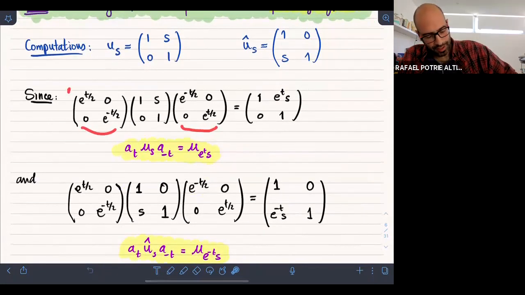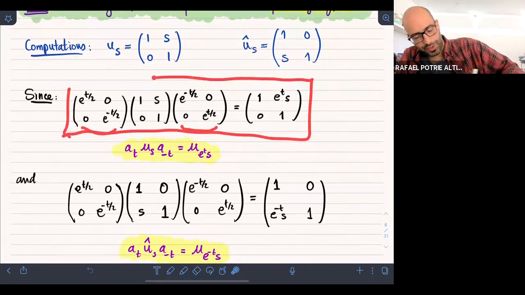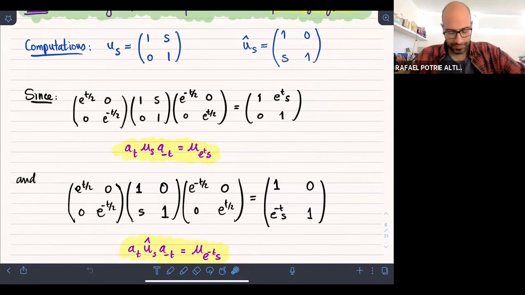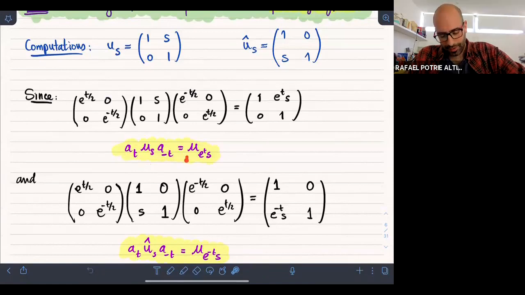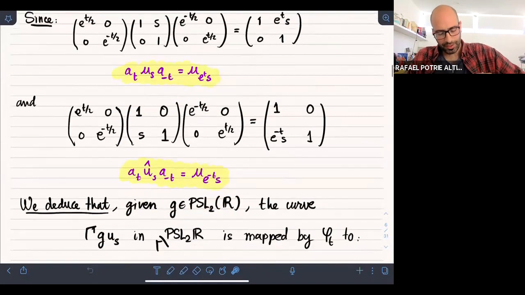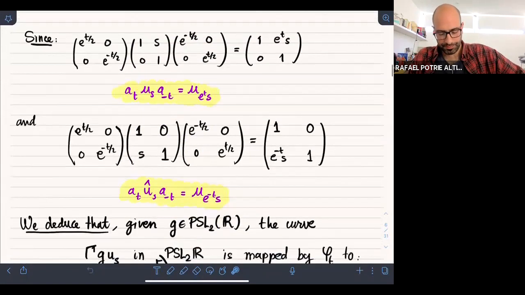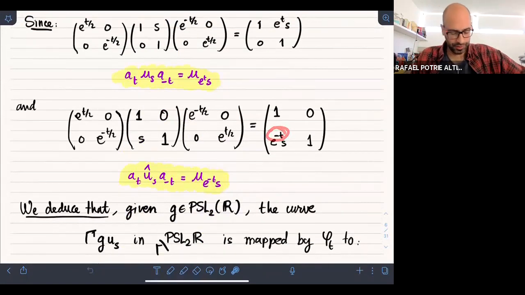So this I wrote. You can check this computation. It's very simple and tells you that if you do A_{-t} U_s A_t, you get U_{e^t s}, and a similar thing goes for the lower triangular matrices. Okay, but you get a minus here.